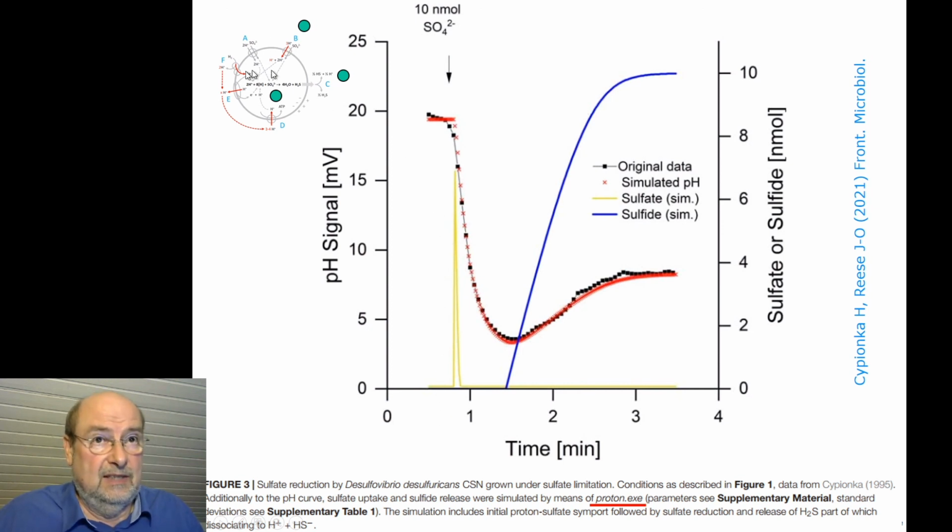We have the intracellular sulfate reduction consuming protons, and then we have the release of a few protons if the H2S that is coming from the cell is dissociating to H plus and HS minus, partially dissociating. And finally, we have the alkalinization due to sulfate reduction as expected.